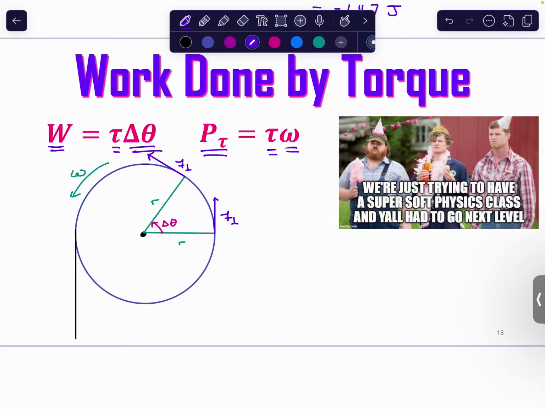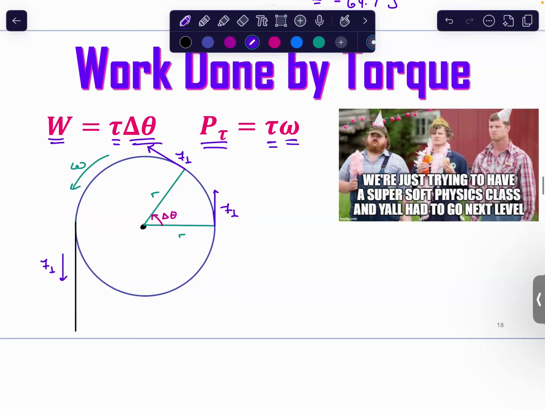If we go down to the cord, those perpendicular forces would end up looking like that. And then you would end up traveling through some distance d. I'm going to call it d right now because we'll talk about what that distance is.